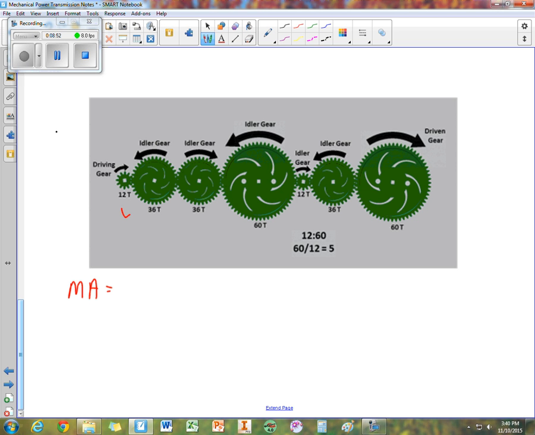Okay, so we have the first one here. So that's going to be 36 over 12 times. Okay, this next one is 36 over 36 times. And I'm just doing output over input. That's all I'm doing.